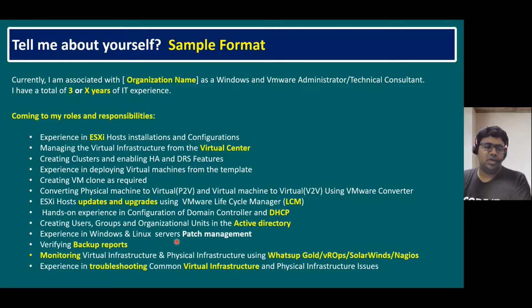And then you can start with all the roles and responsibilities, like "I have experience in ESXi host installation and configuration, and also managing the virtual infrastructure, vCenter server," and so on. This is sample information I just highlighted here. In general, you can include all your regular roles and responsibilities. This is only a sample format. Whatever your usual roles and responsibilities are in your organization, prepare short notes on those points and go through them. It will be helpful when attending the interview.